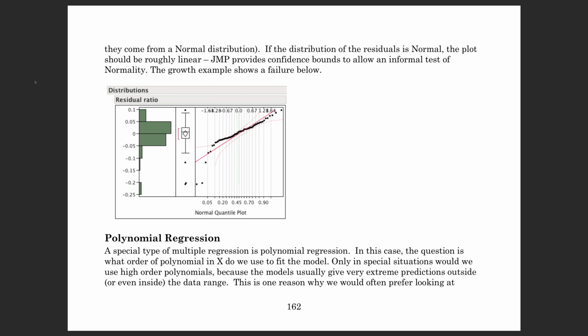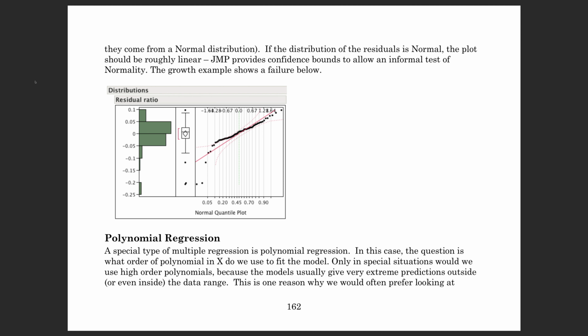The red diagonal is where we want our data points to appear if the residuals are approximately normal, and the two dotted red curves are the confidence limits on our residuals if they really do come from a normal distribution.